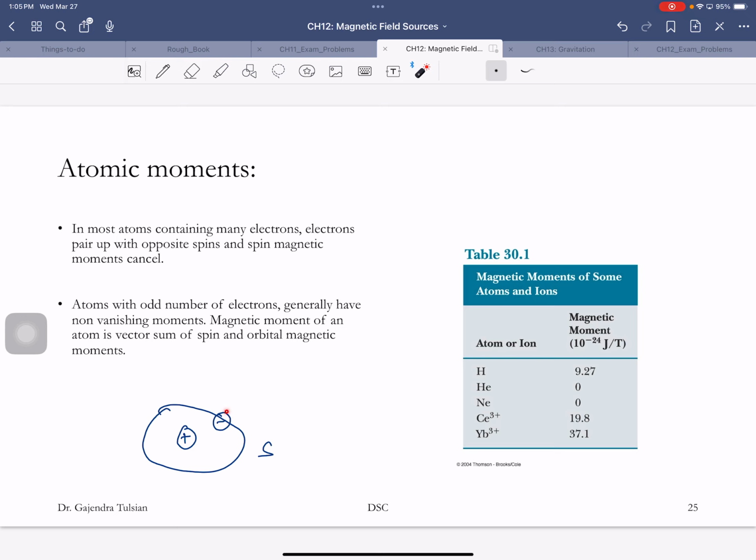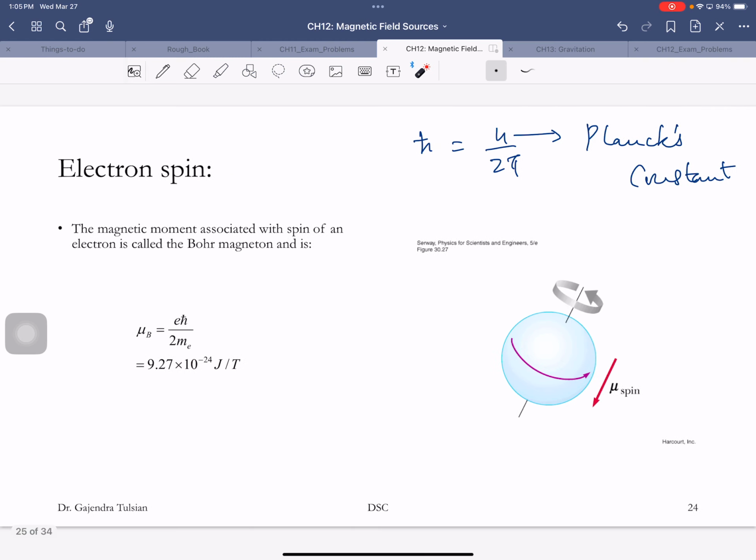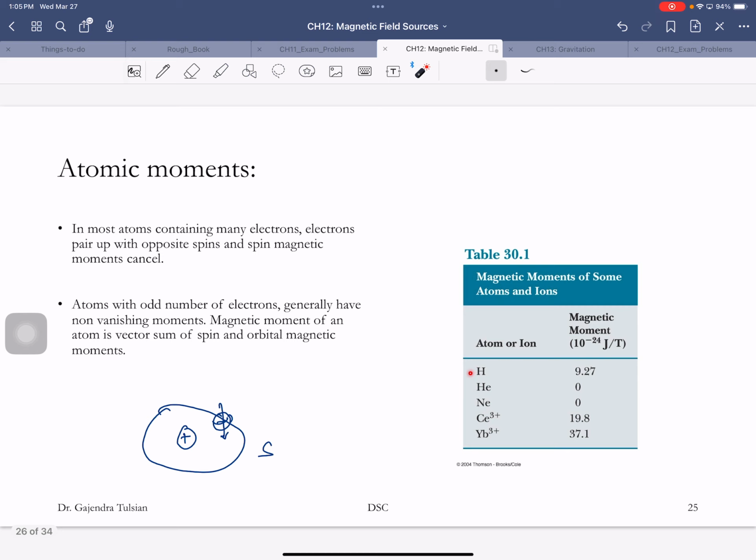But the electron is spinning, which acts like a magnet. And so the magnetic moment of the entire atom is essentially the magnetic moment of the spinning electron. You guys see that? And there's the magnetic moment of the hydrogen atom, which is that.